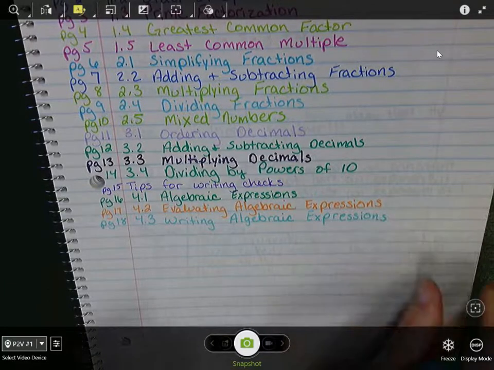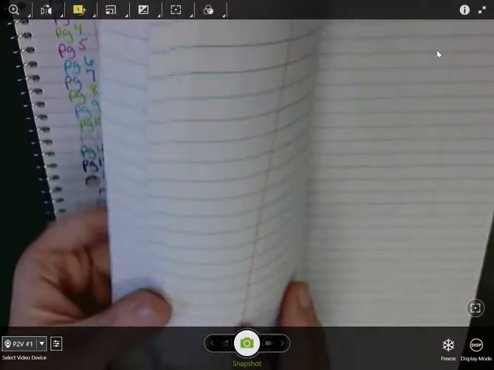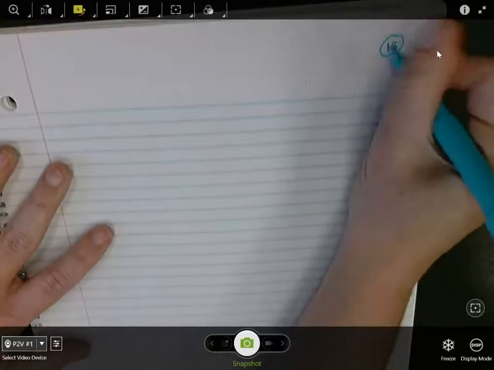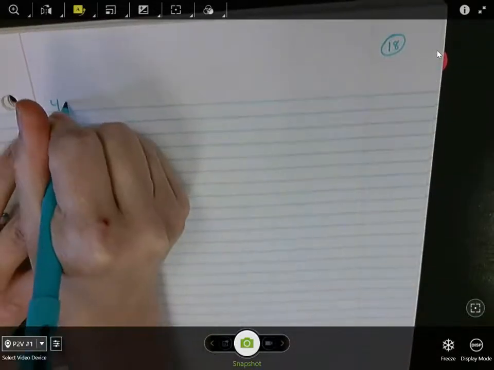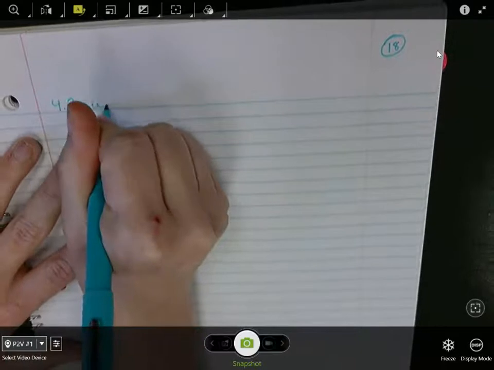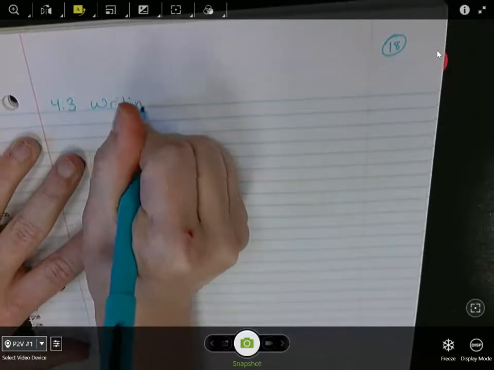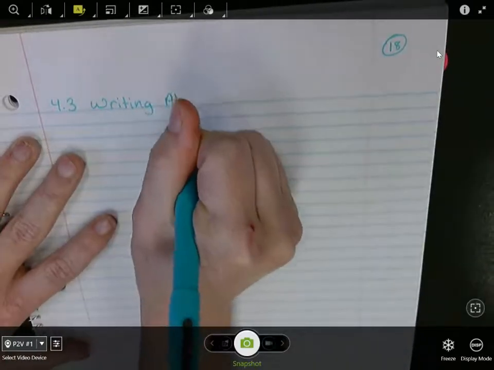All right, so let's turn over to page 18. And we're going to put 4.3, writing algebraic expressions.